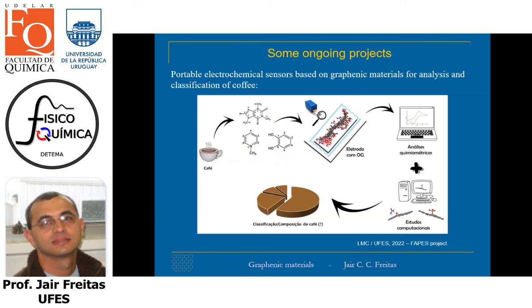It's still a project, and we plan to use computational methods to optimize the interaction between the functional groups of graphene oxide and substances present in coffee, such as caffeine, terpenoids, chlorogenic acids and others. These materials then will be used for the electrochemical detection of these substances. Hopefully, our plan is to arrive at a method to identify the composition and perhaps classify the coffee samples according to their origin.